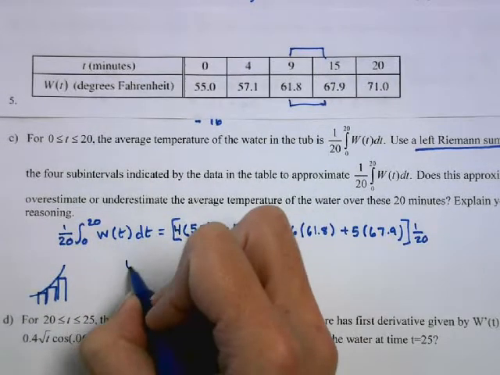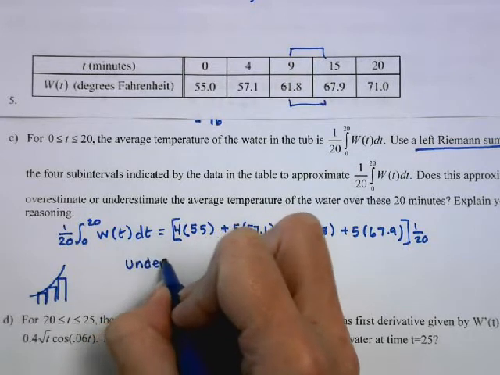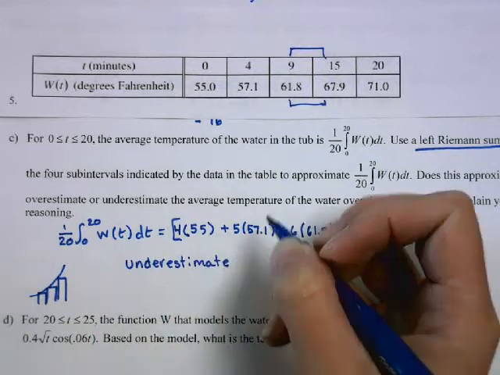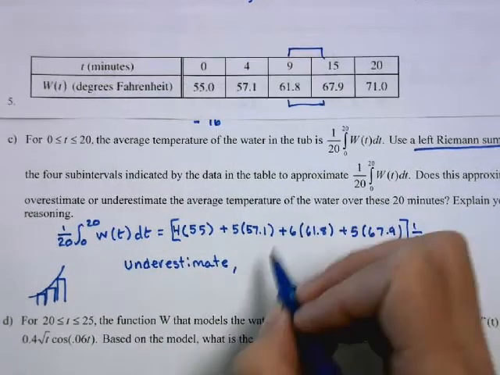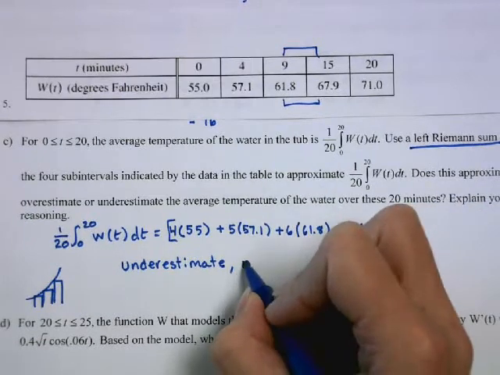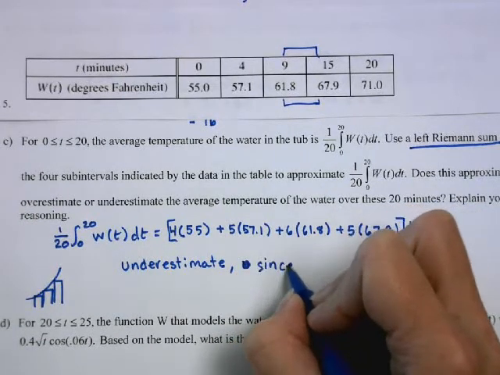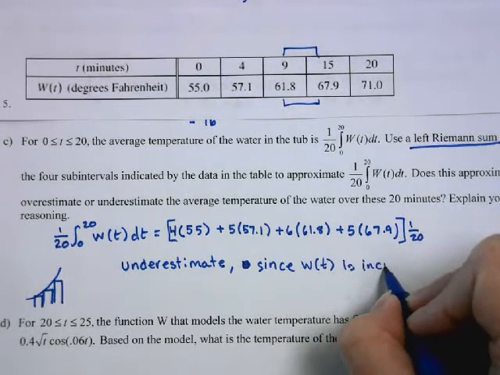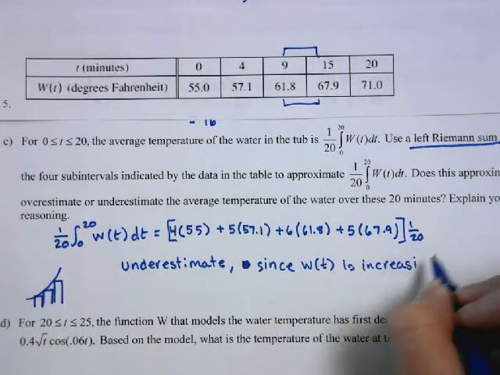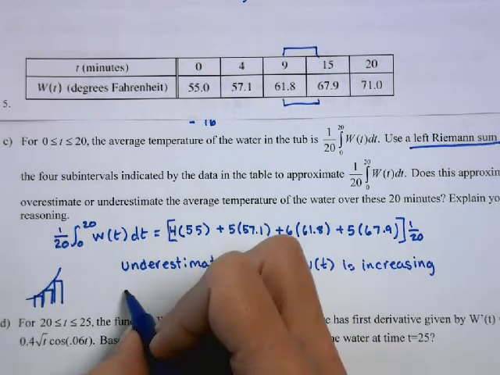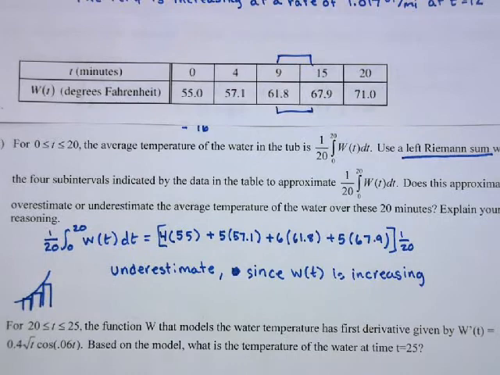So this is going to be an underestimate, since w of t is increasing and we're using a left Riemann sum.